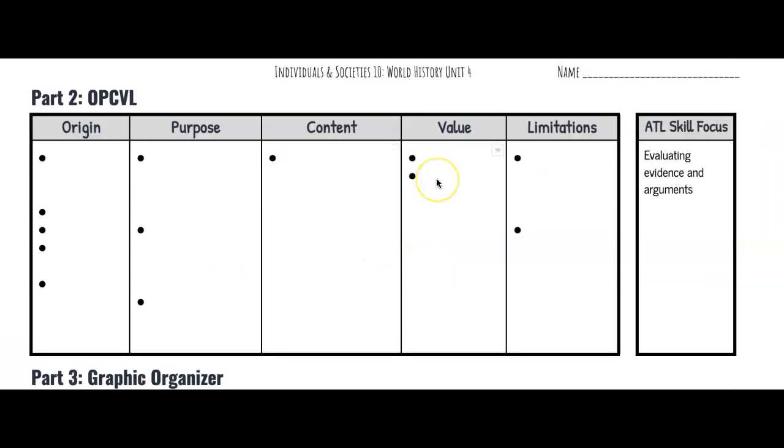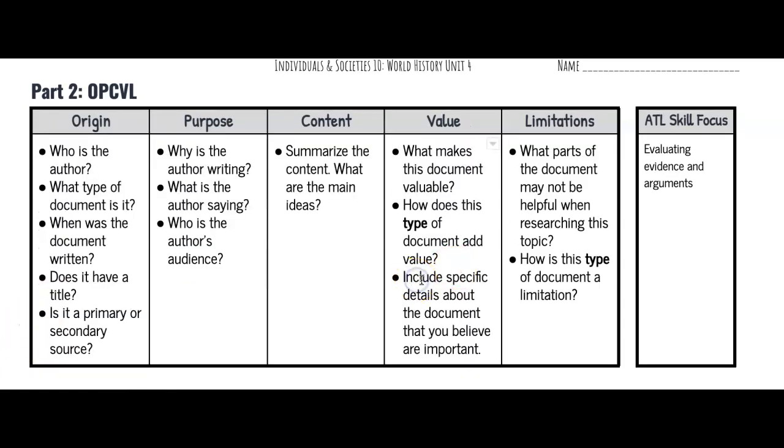So we'll say here that because it's an official decree, it gives weight to its consequences, meaning it makes those consequences very clear and defined. We're not going to do this third bullet point that says include specific details about the document. It's a pretty short document, and you probably summarized it more in the content section.